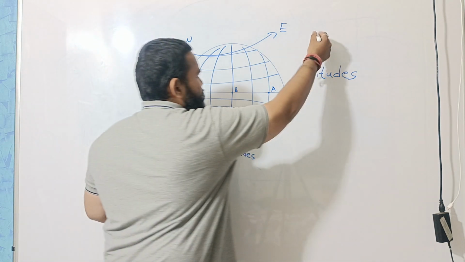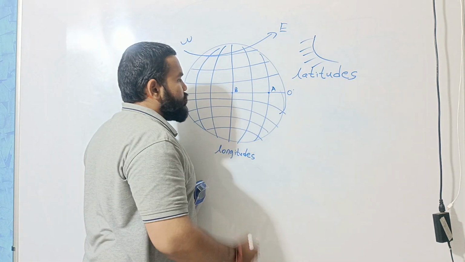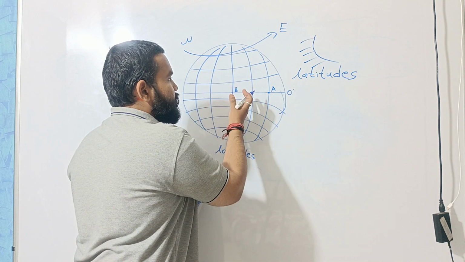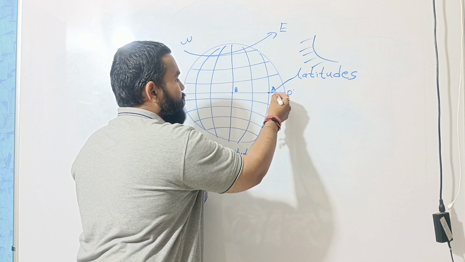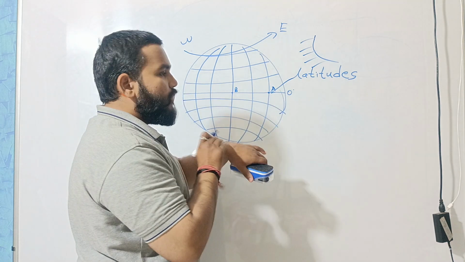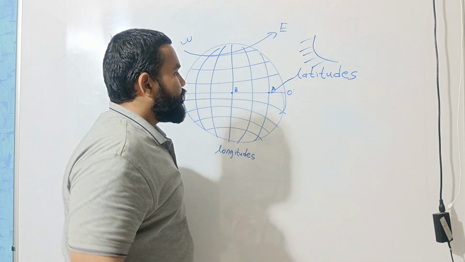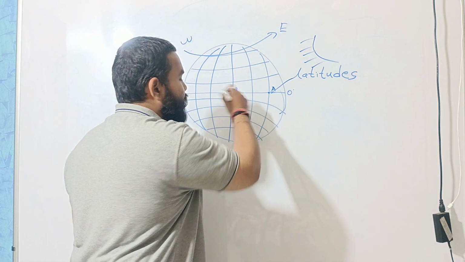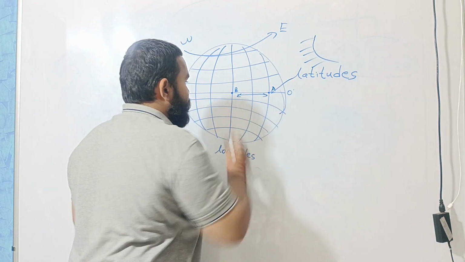Let's say the sun is there. If my Earth rotates west to east, then the sun's rays will first come to point A, and after a few hours on our clock, come to point B. Correct? So there is a gap in time.